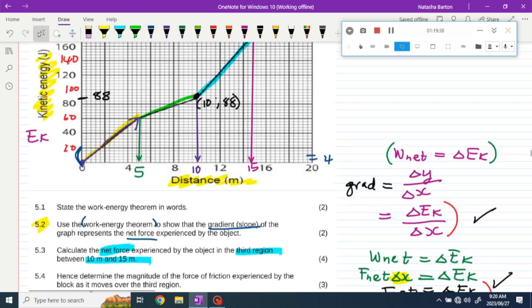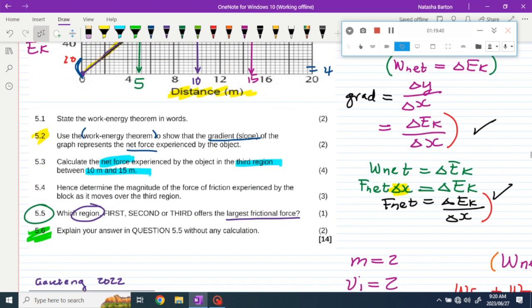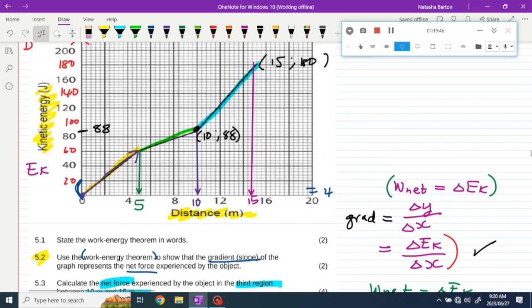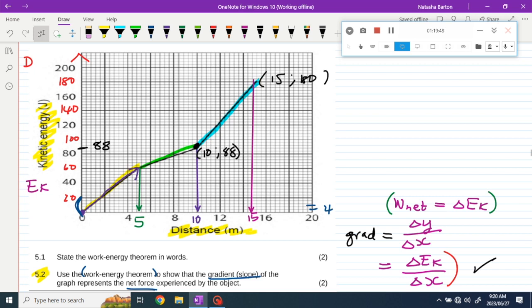We proved here on the side that the gradient is the net force. Looking at these gradients, we first have a steep gradient, a less steep gradient, and a steeper gradient. The gradients are different for the different regions, which means that the net force is changing.